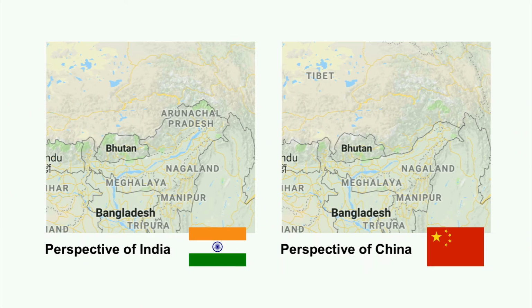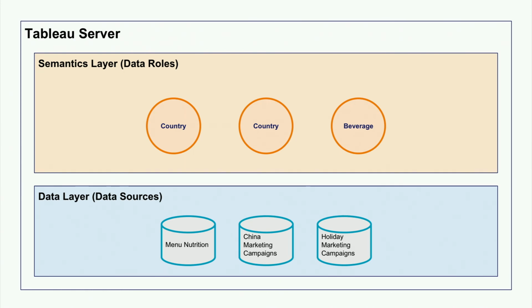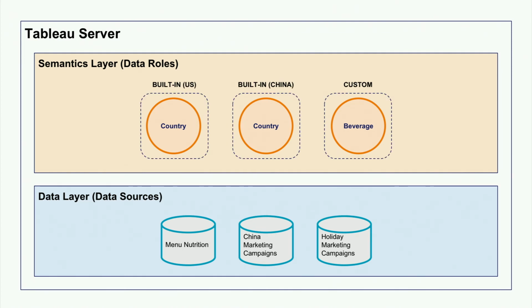This kind of conflict or disagreement about semantic meaning fundamentally impacts how we use that semantic data in order to improve analytics in Tableau. And that's why when we have things like country semantic properties, it's important to encapsulate them in the appropriate scope so that when different users are using different data sources or applying different data roles, they're able to take advantage of the semantic scope that is meaningful to them.